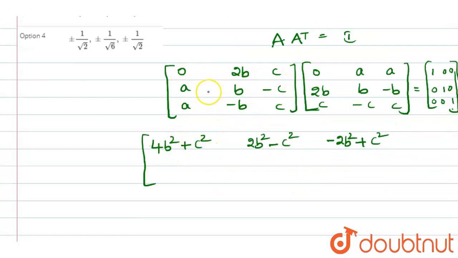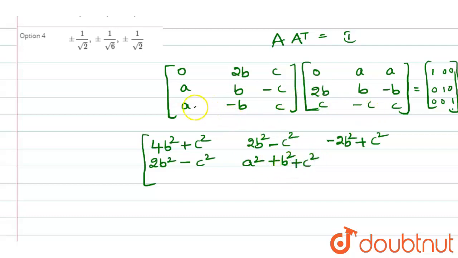Next, a into 0 gives 0, b into 2b gives 2b square, and c into c gives minus c square. Then a into a gives a square, b into b gives b square, and minus c into minus c gives c square plus c square.